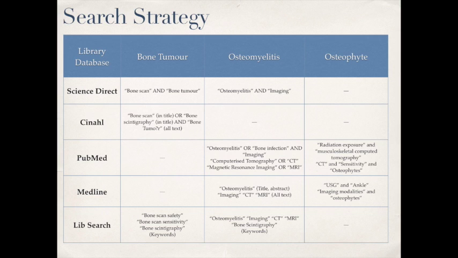Once again, the keywords used were osteomyelitis, imaging, bone infection and imaging, computed tomography or CT, bone scintigraphy, osteomyelitis, and MRI. For osteophytes, the databases used included PubMed and Medline. The keywords used included radiation exposure, musculoskeletal or computed tomography, osteophytes, ankle imaging modalities, and USG.